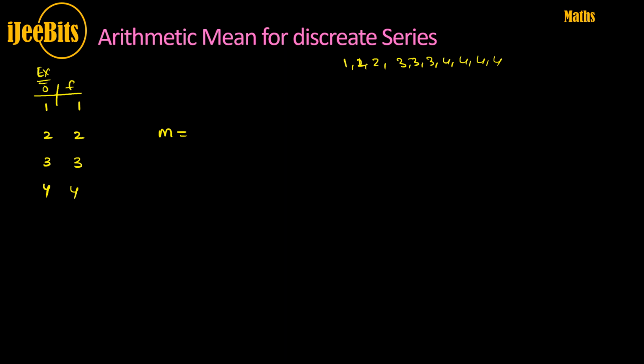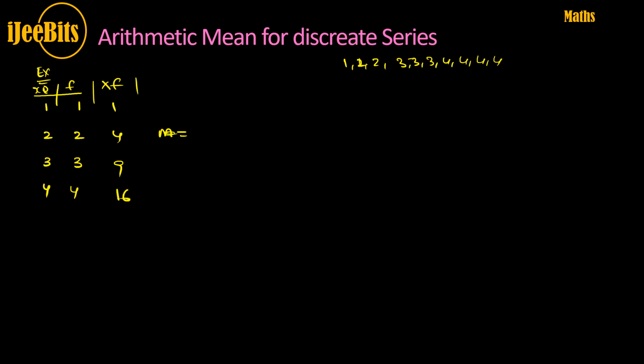Now how do you calculate the mean for this one? The simple thing is sigma xf, right? So what is the xf value here? 1 into 1 is 1, 2 times 2 is 4, 3 times 3 is 9, 4 times 4 is 16. Correct?